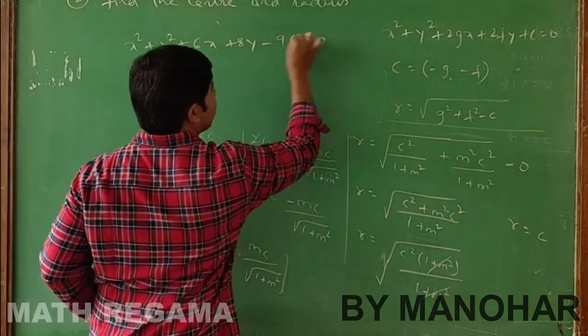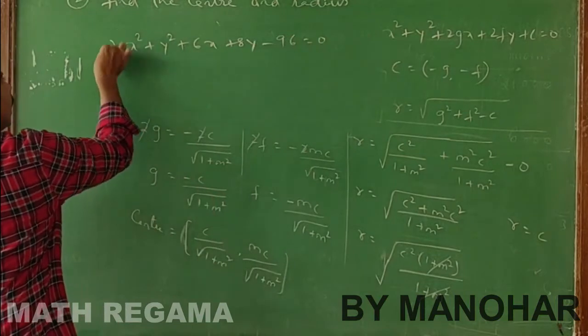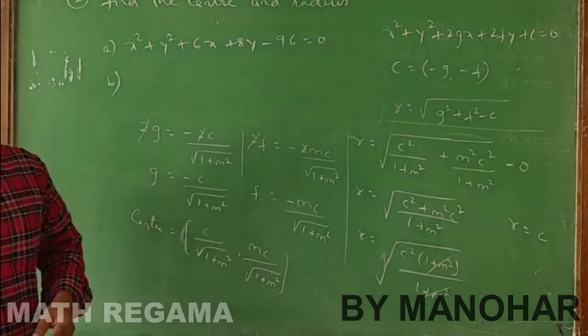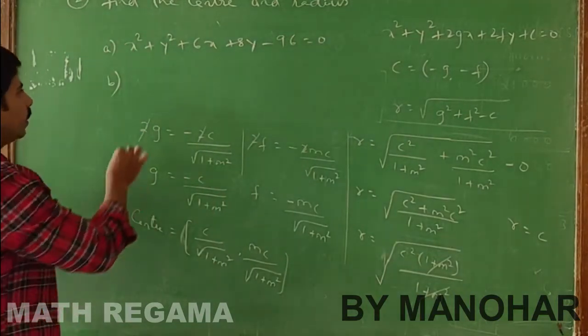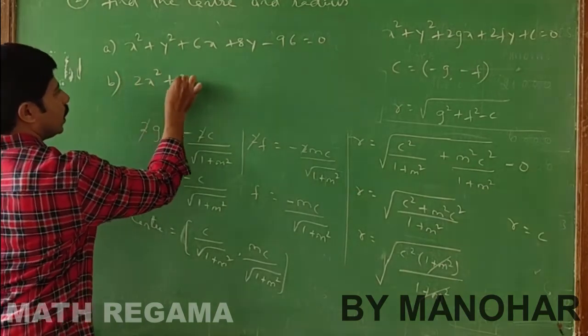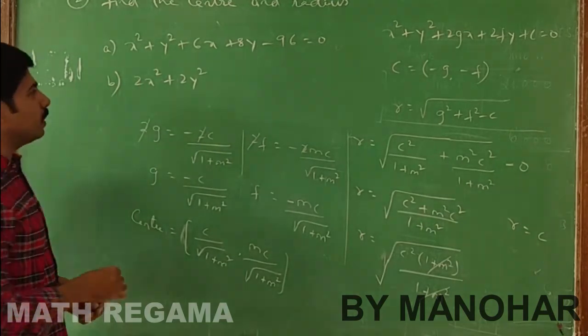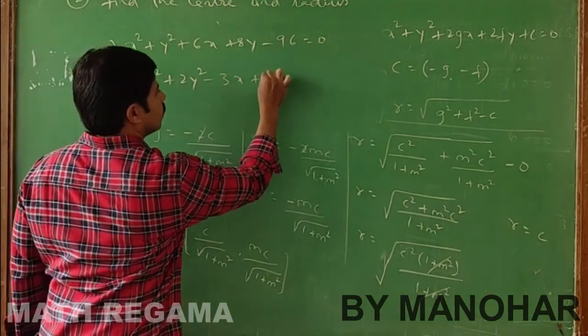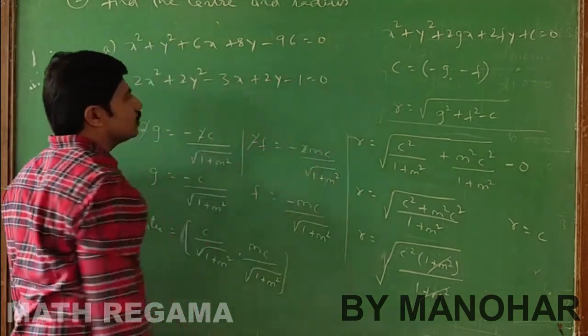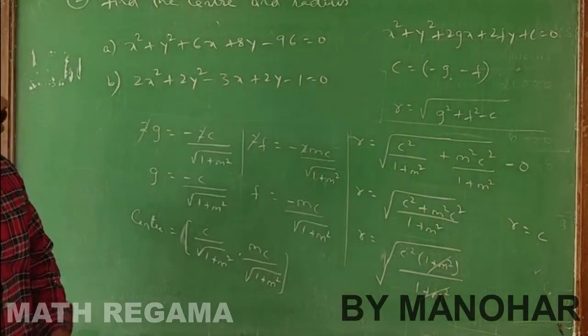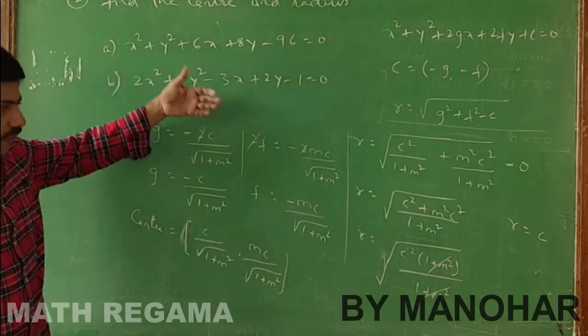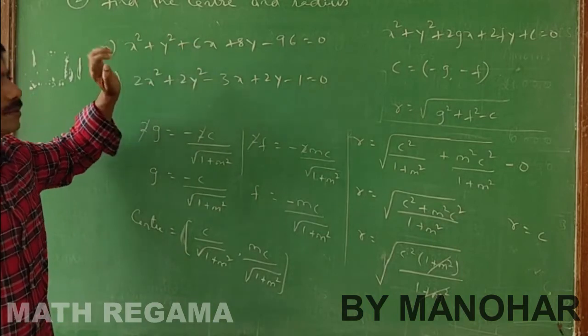Find out the center and radius for this. And the next one is 2x square plus 2y square minus 3x plus 2y minus 1 is equal to 0. Okay, so these two problems you try. After completing these two, just try these two problems.